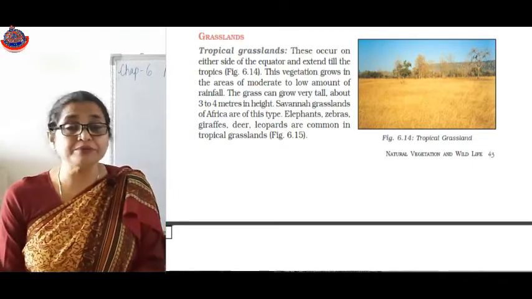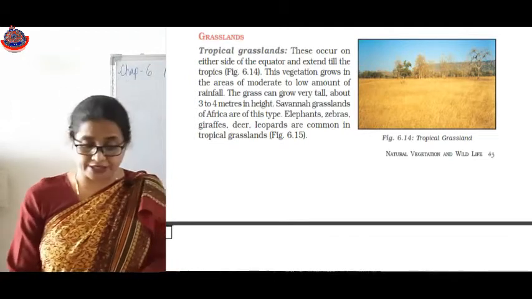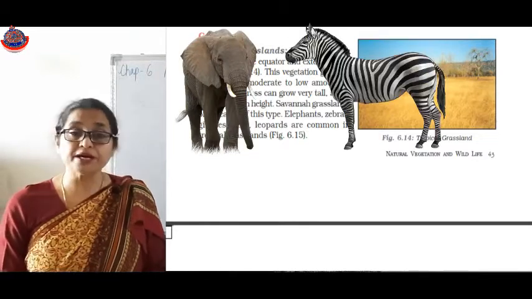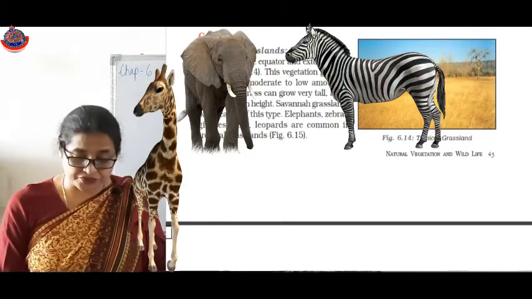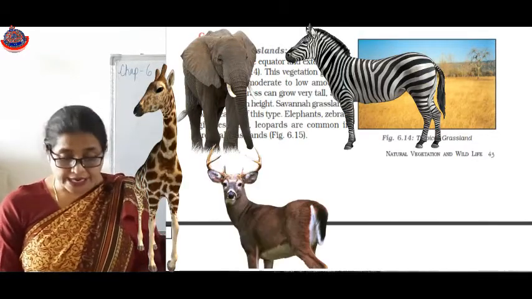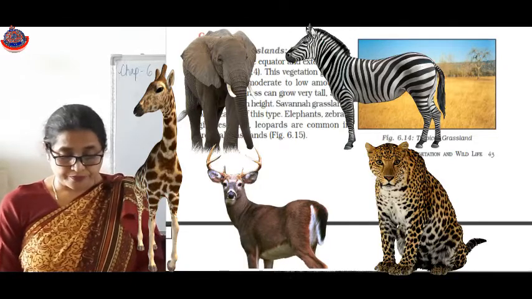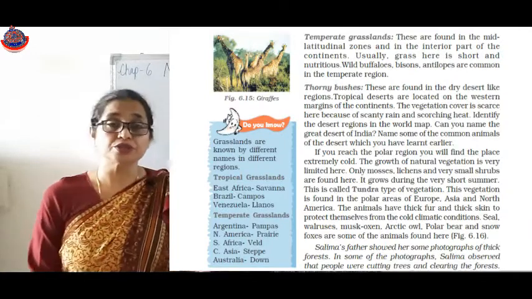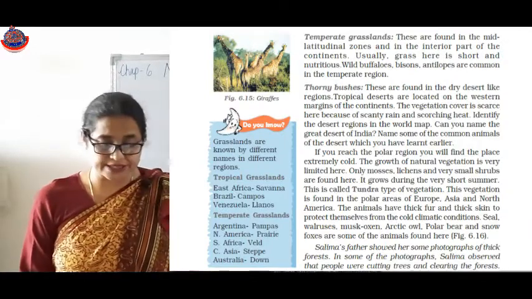The different animals which are found here in the grasslands are the elephants, the zebras, the giraffes, deer, leopards, and many more. Now talking about the temperate grasslands.